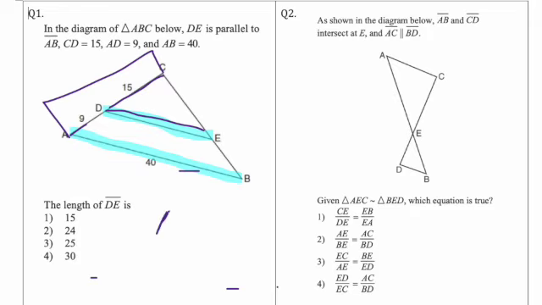So small triangle, there's 15, and we have X here. And then we have a big triangle. And so this is CDE over here.